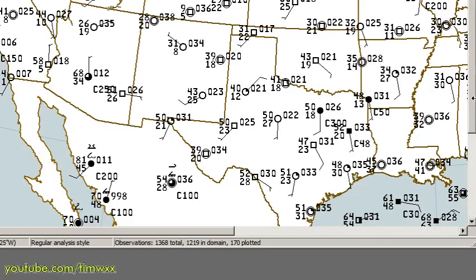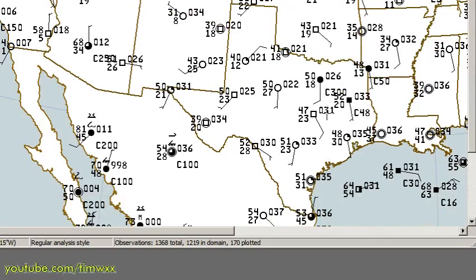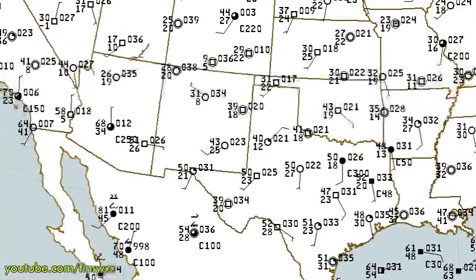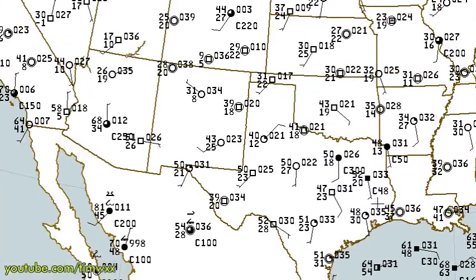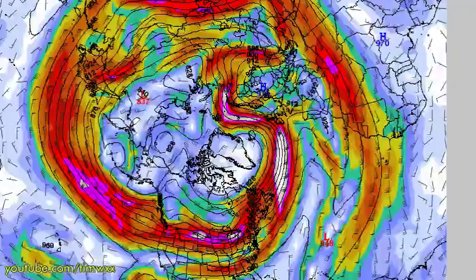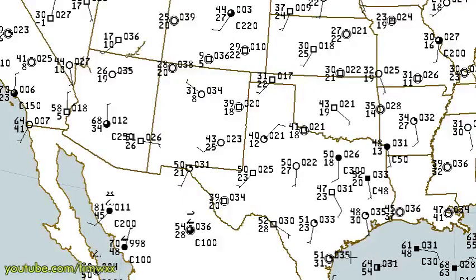Okay, so for here in Texas, there it is. There's the very cloudy weather there. You can see we're a bit on the mild side, and we're picking up a little bit of that southerly flow off the Texas coast. My escape key is not working, so let me pull up the old Digital Atmosphere.